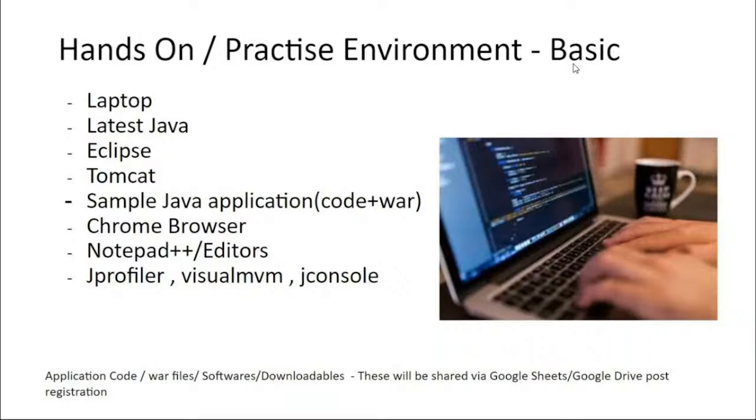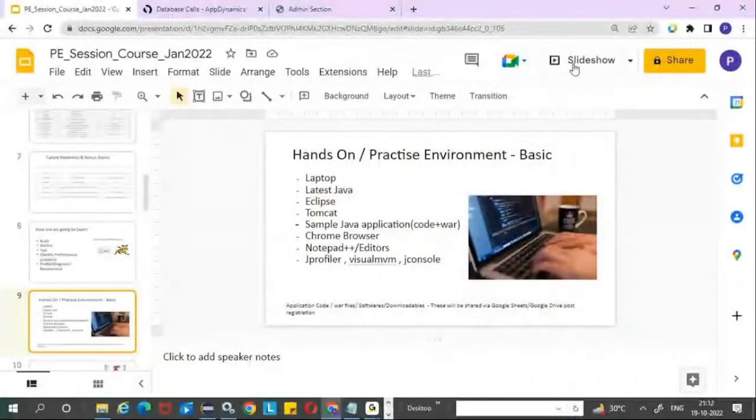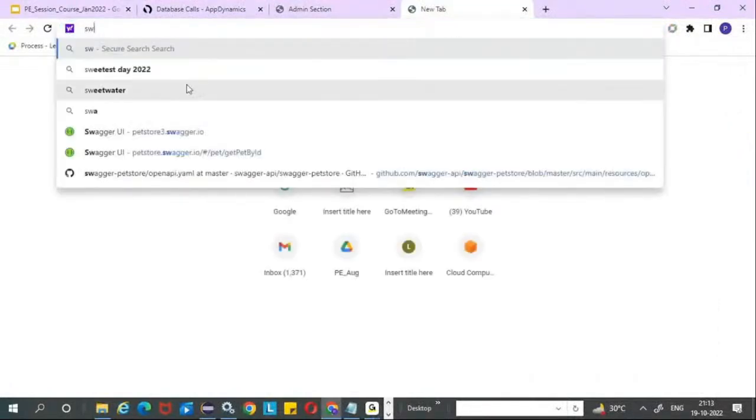The minimum you would need is a laptop, Java, and Tomcat. And I'll provide you the WAR and all the details, all the software and the list of things that need to be installed. I'll go to the drive.